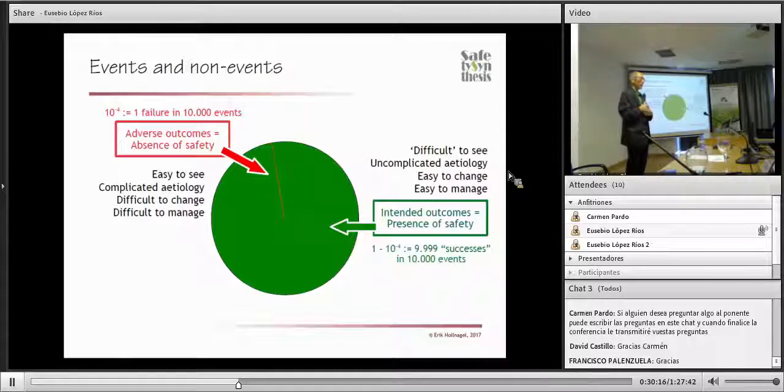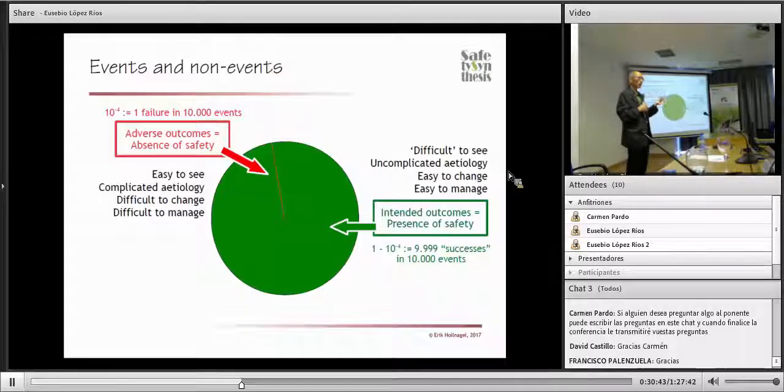When you think about accidents, one thing that's characteristic is that they are easy to see. They are obvious because they're different. You always know when something has gone wrong. It's easy to notice an accident. You can see it, you can hear it, you can smell it. It actually turns out that they are quite complicated to explain and understand.